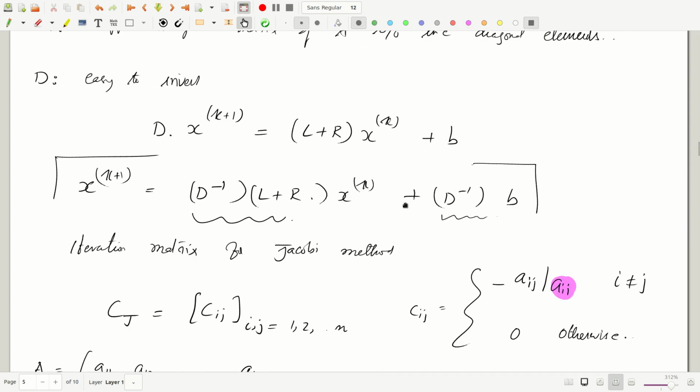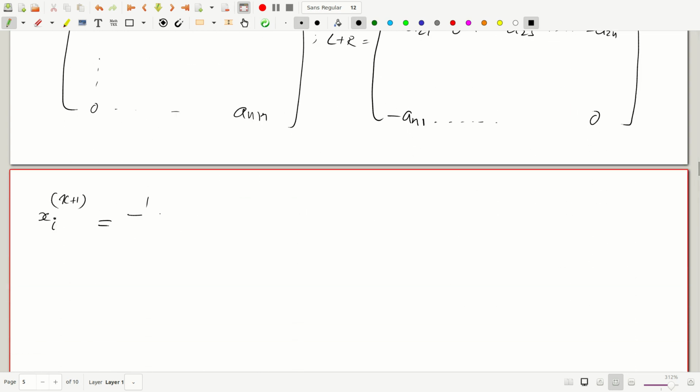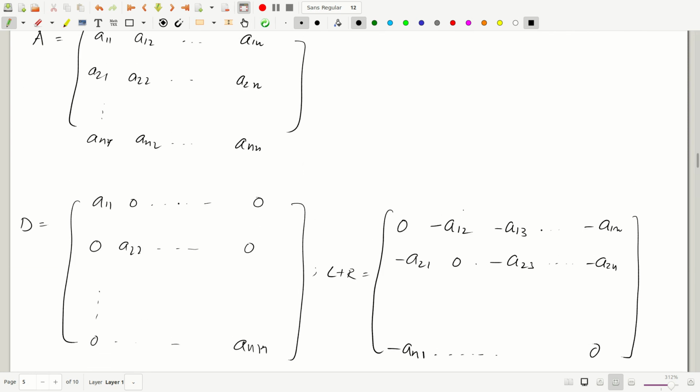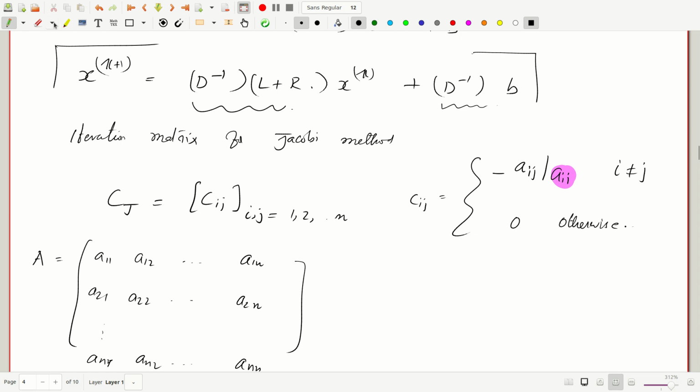So that will be 1 by a_ii times b_i minus all these vectors multiplied with L plus R, which will be multiplied with x1, x2 all the way to xn, and these are all evaluated at k.